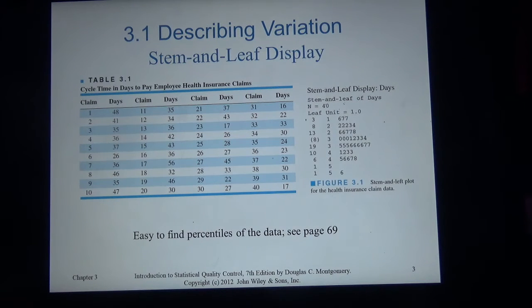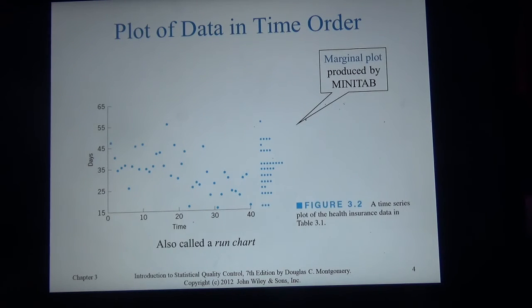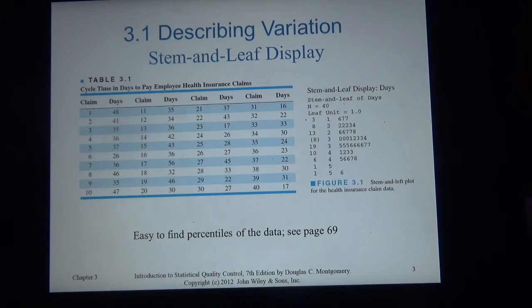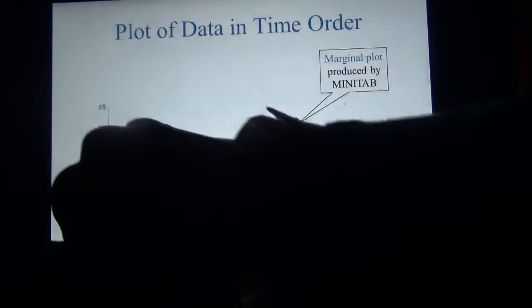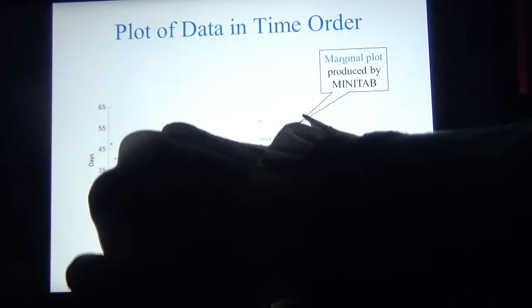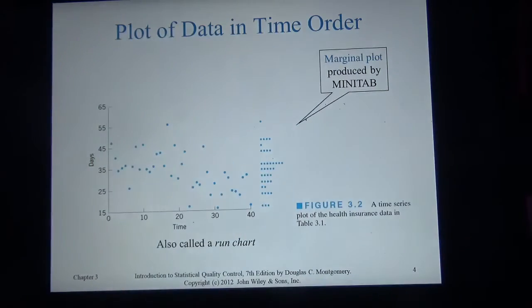So we would like to see the variation of the numbers by plotting the stem and leaf diagram. The other tool that we can use is a plot of data in time order. First claim 48 days, second claim 41 days. So we plot each of them one by one in order of claims.